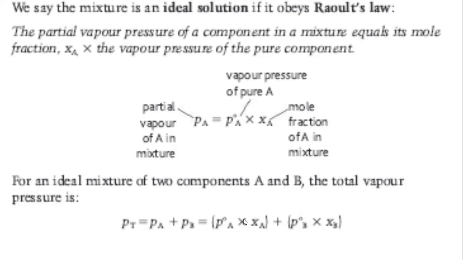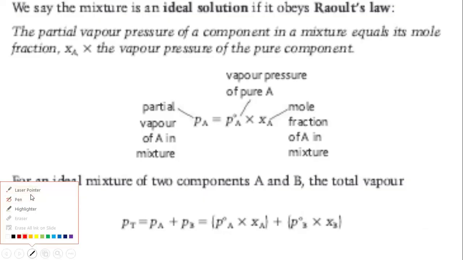So it would be the vapor pressure times the mole fraction of A plus the vapor pressure times the mole fraction of B. How do you find mole fraction? You take the number of moles of A and you divide it by the total number of moles.